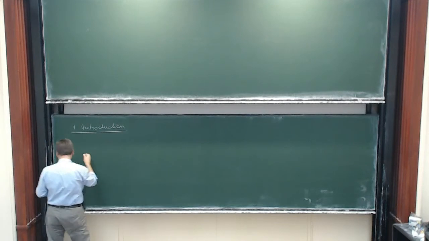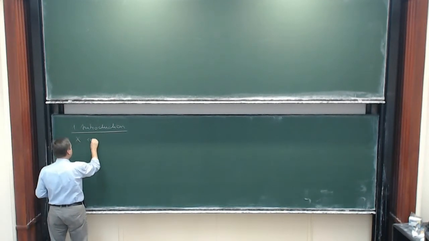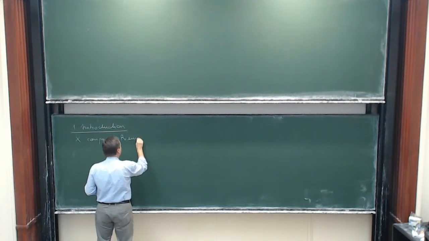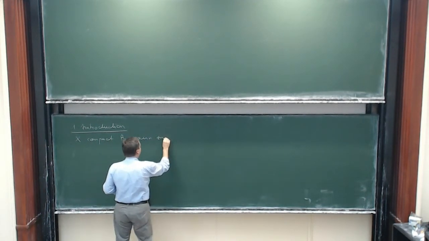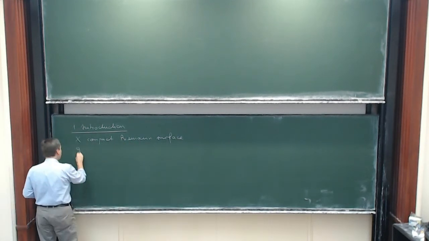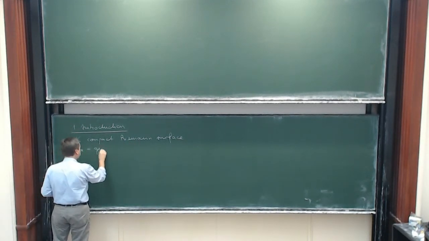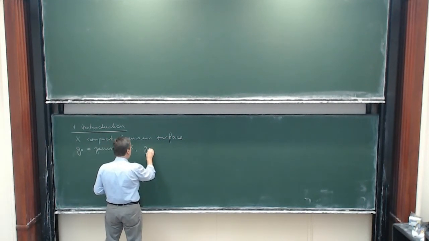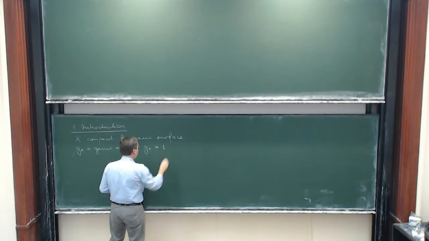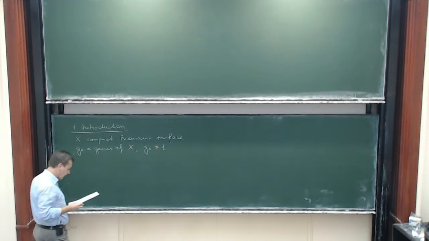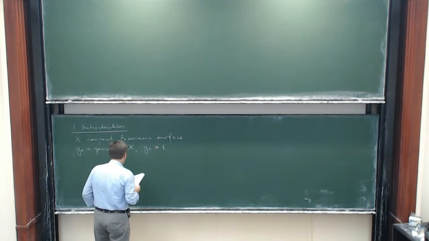So I work with a compact Riemann surface X, and g(X) is the genus of X. I assume, for the beginning, it can be bigger or equal to 1. Later on, I will restrict to g(X) bigger than 1.